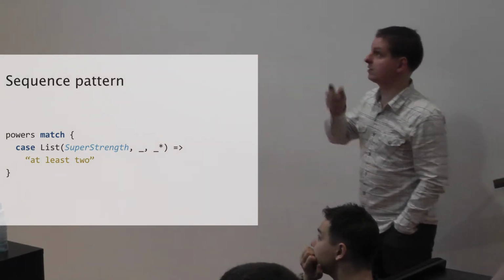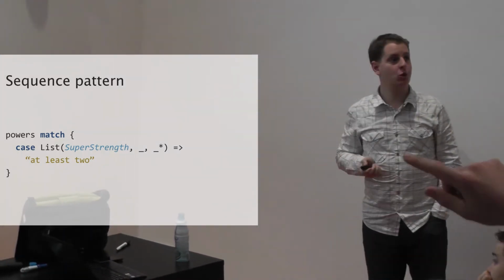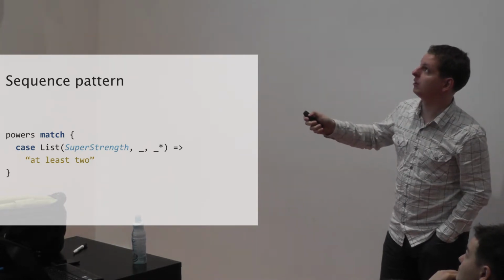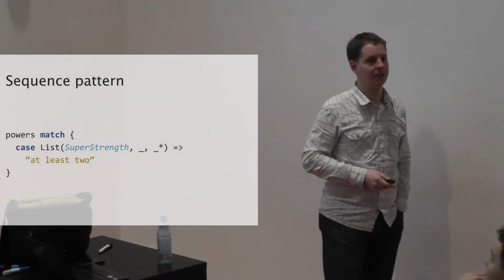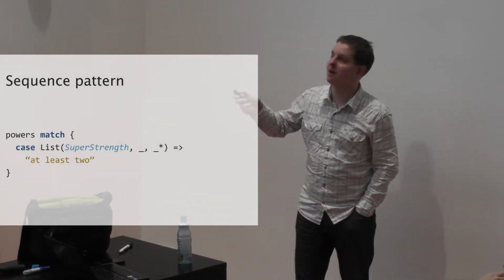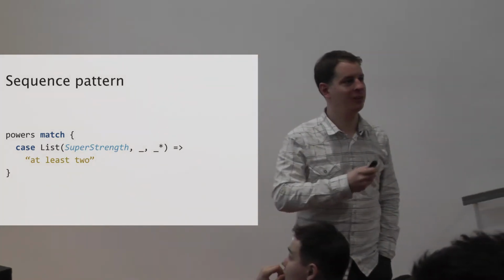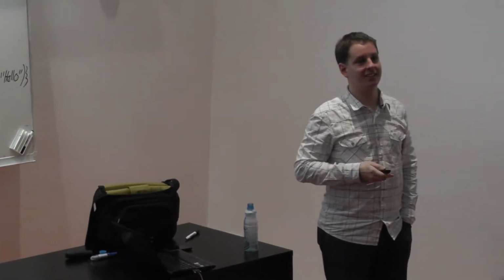So in this case, what makes it a sequence pattern usually is this kind of symbol. But you will learn, not really. If it's there, it must be a sequence pattern. If it's not there, we need to know how to distinguish, and we will later. So, any questions on the sequence pattern? It can't be used against sets or maps, because sets and maps are not sequences.